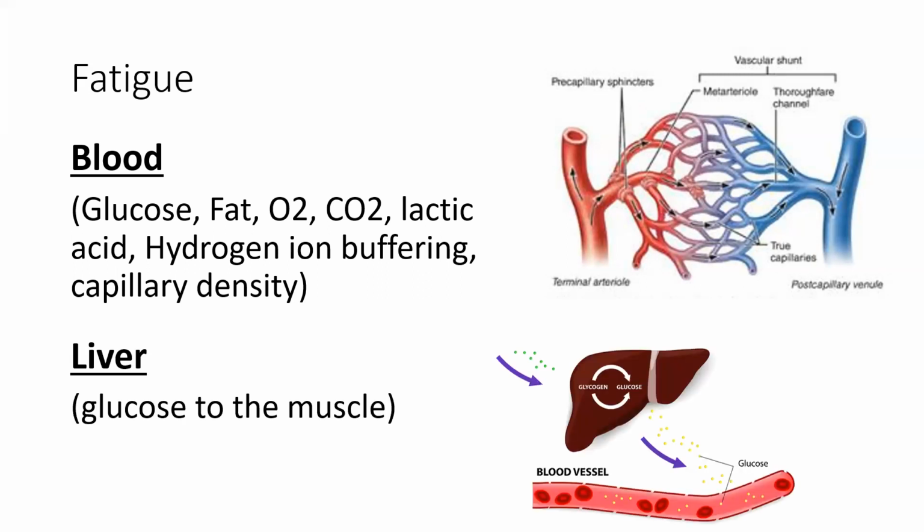Our liver can also be a location of fatigue, so that's how we get glucose into the bloodstream is through the liver. So we break down glycogen into glucose and send it out into the bloodstream. If we don't have enough glycogen available, we can't produce as much glucose to send into the blood.